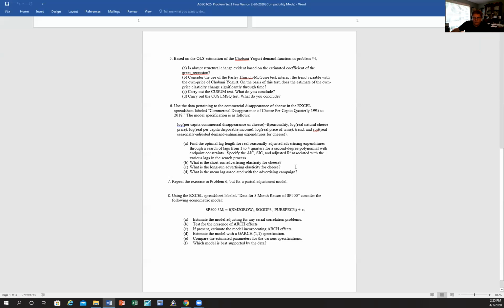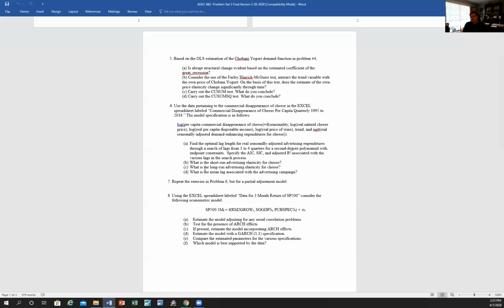But if you were to carry that out correctly, that's how you would get the short run advertising elasticity for cheese and the long run advertising elasticity for cheese. Now the question is, how many lags? And rightly so, I asked you to look at 1 to 4.